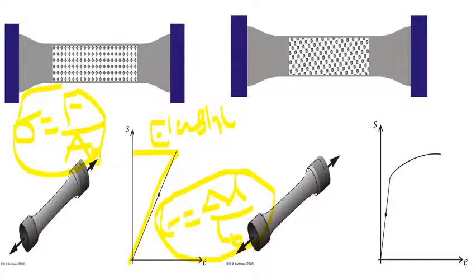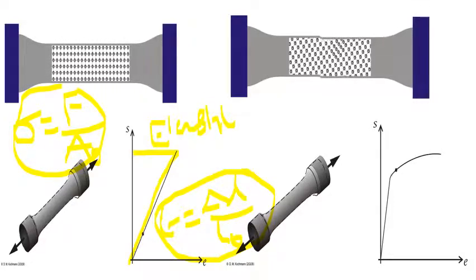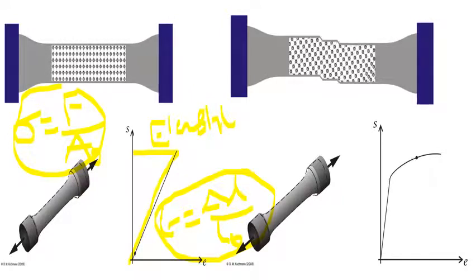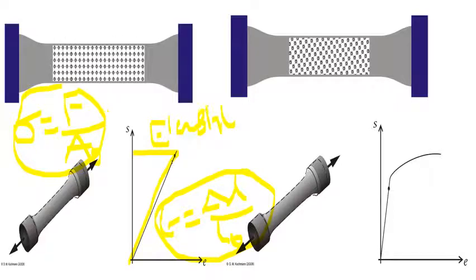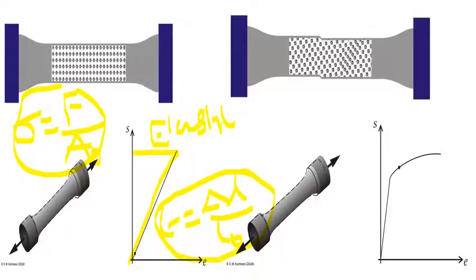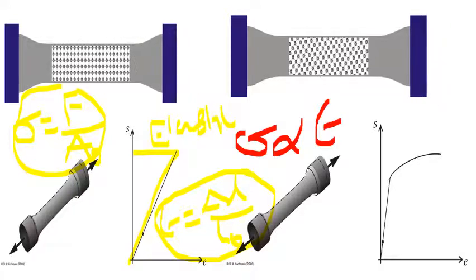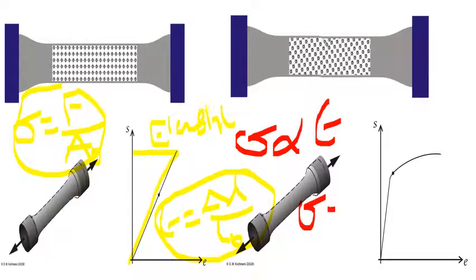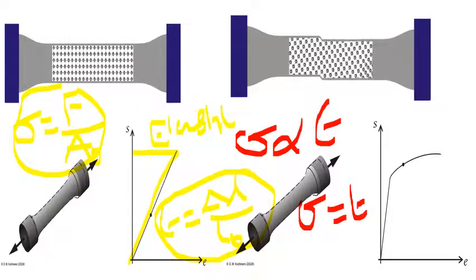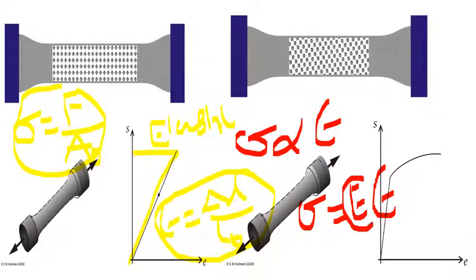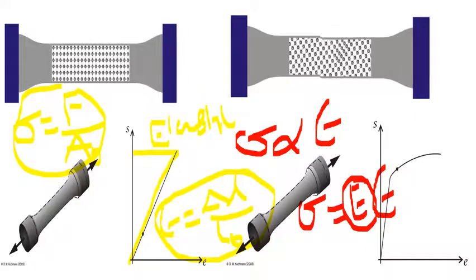So this region is called the elastic region, or the region where stress is directly proportional to the strain. Sigma is directly proportional to epsilon naught. If you introduce the proportionality constant, sigma will be equal to E into epsilon naught, where E is called Young's modulus.